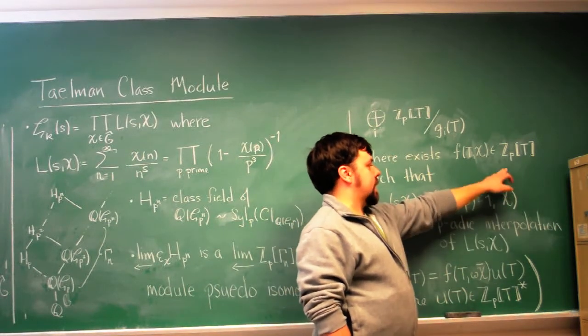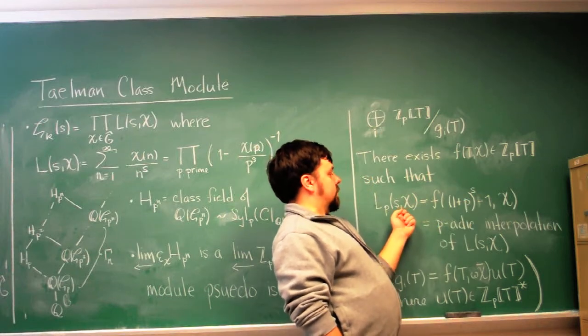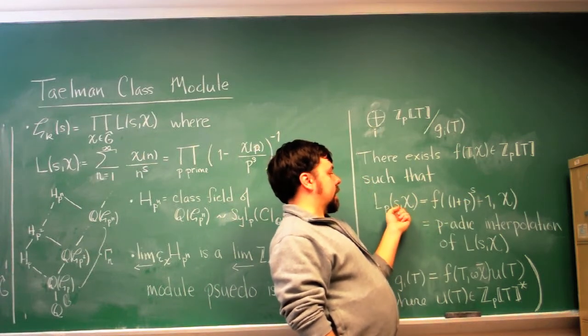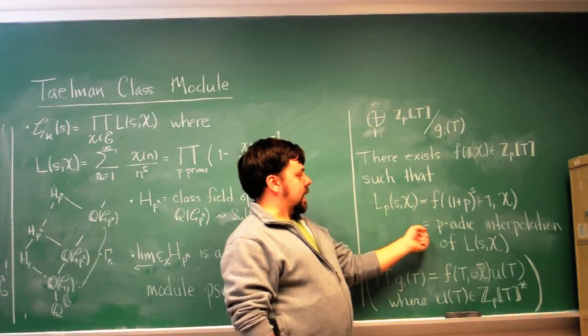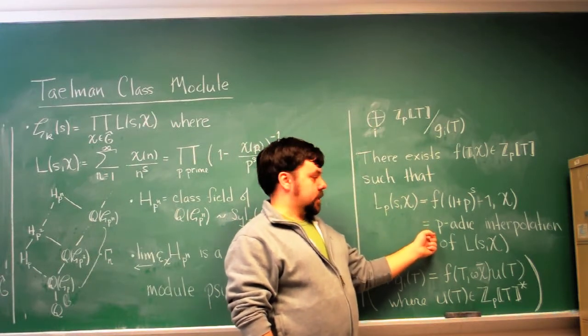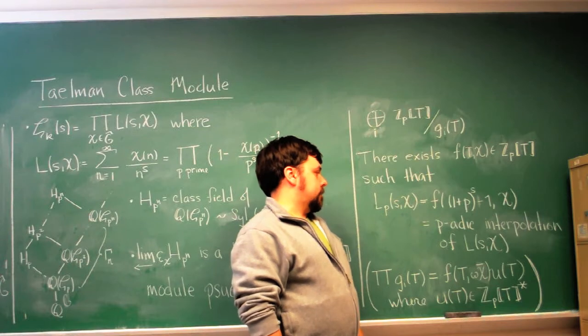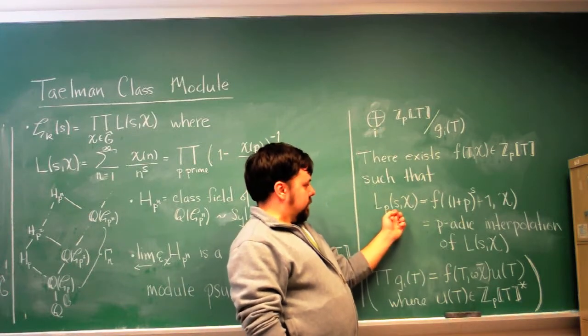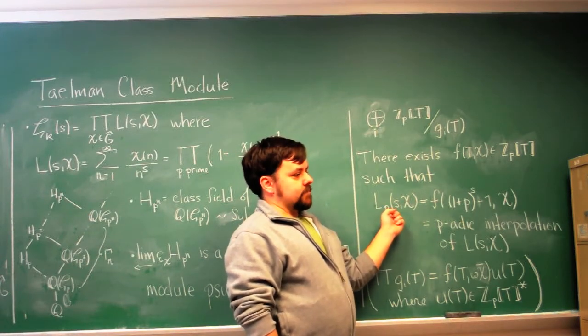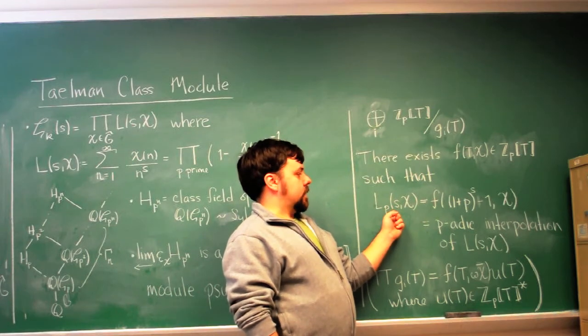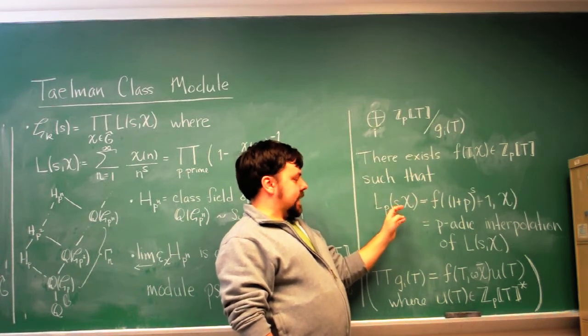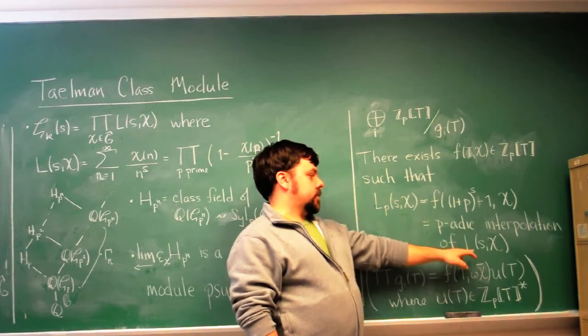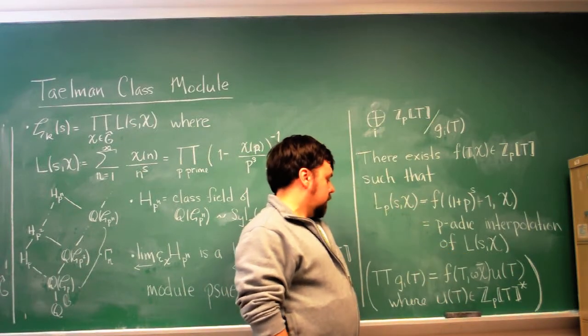The dependence on chi is because it's the p-adic L function associated to chi. And by the way, L_p(s, chi) is just a p-adic interpolation of L(s, chi). By that I just mean it's a p-adic analytic function that takes the same values at negative integers as L(s, chi) does.